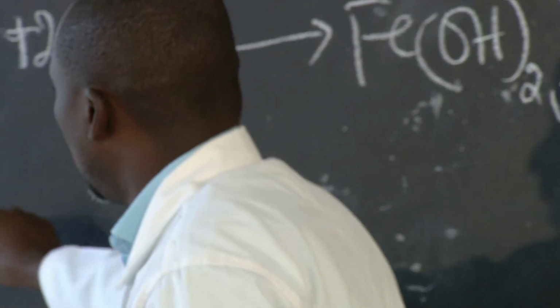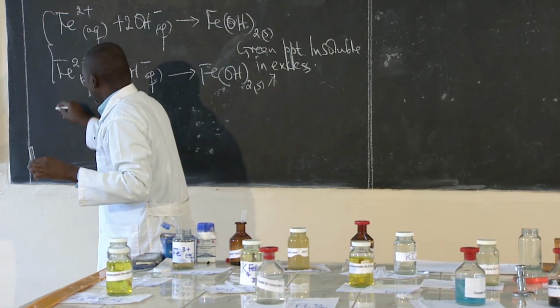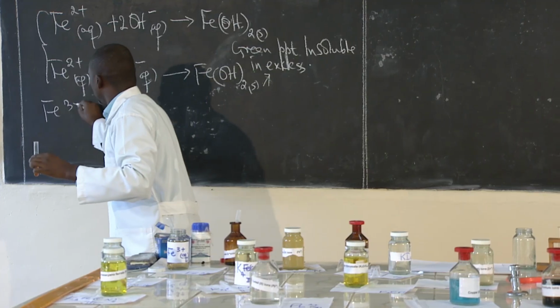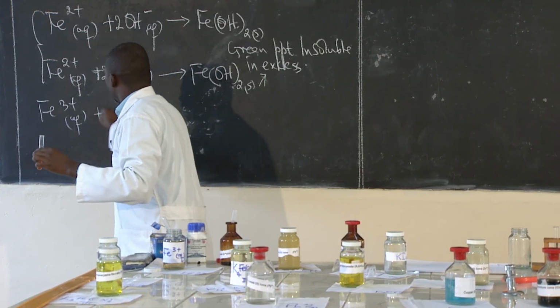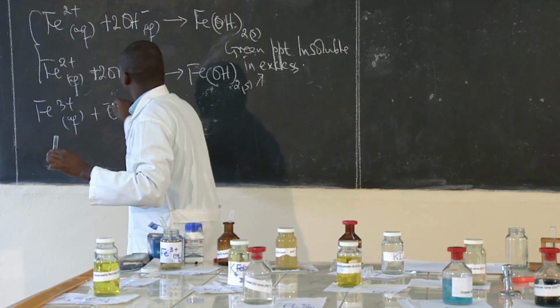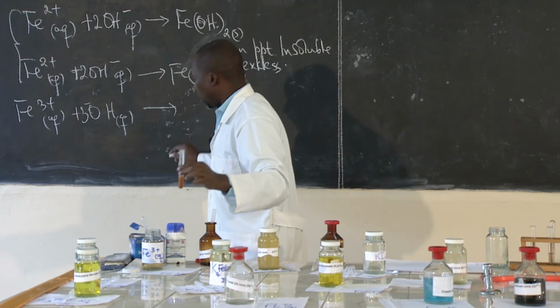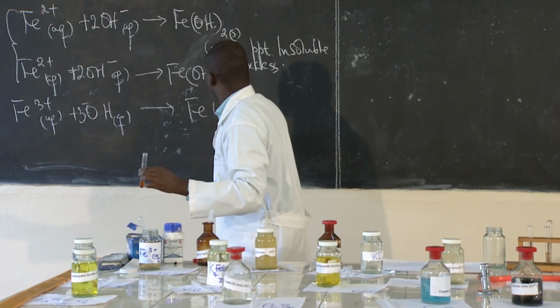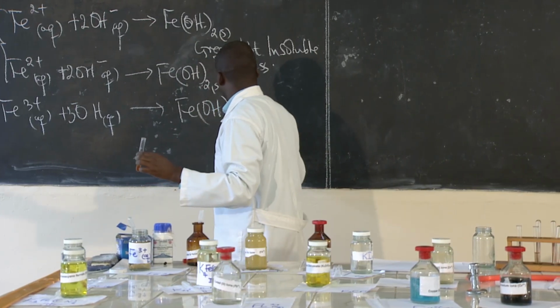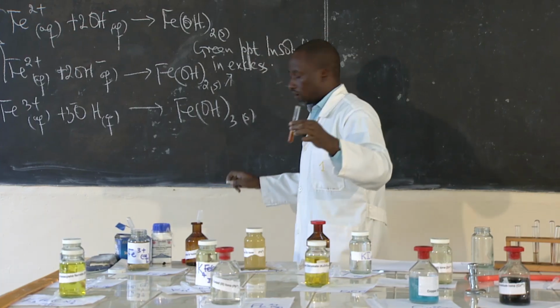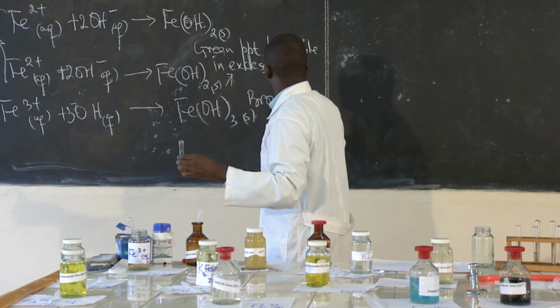So we have iron 3 ions reacting with the hydroxide ions from sodium hydroxide and then giving iron 3 hydroxide. This is a brown precipitate.